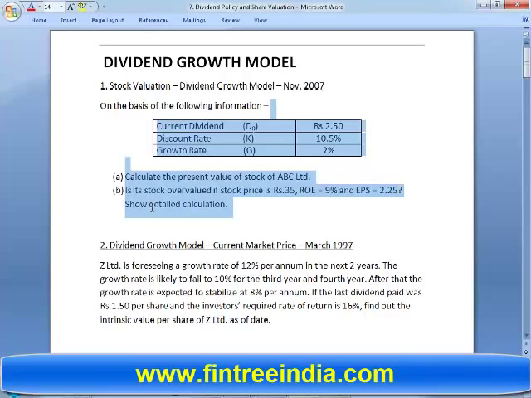ROE is equal to EPS divided by book value per share, so book value per share is EPS divided by ROE. So book value per share, in bracket EPS और उसके नीचे लिखो EPS divided by ROE, the formula.